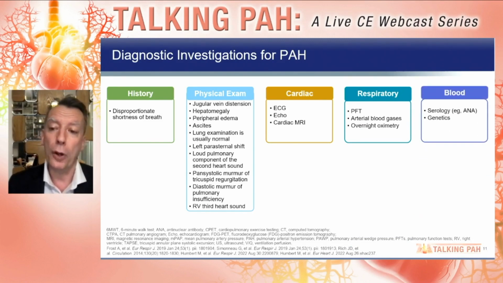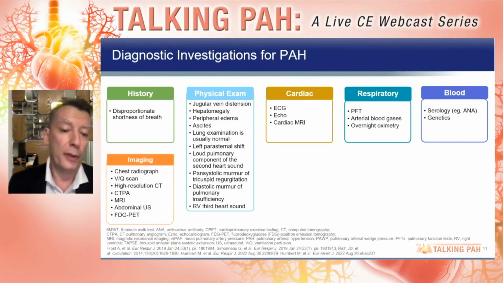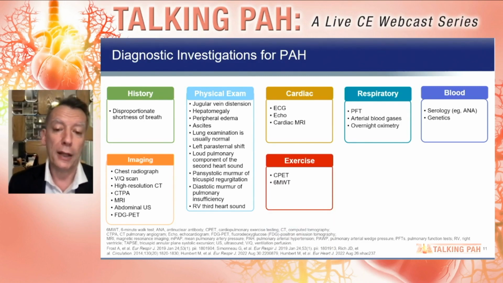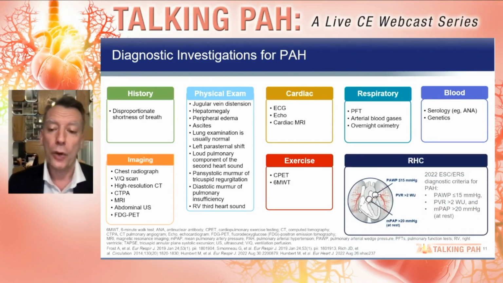And we can have blood tests such as autoantibodies. Then we look at imaging: chest radiograph, VQ lung scan, CTPA. We look also at exercise capacity in these people, either with a simple test like the 6-minute walk distance test or CPET.